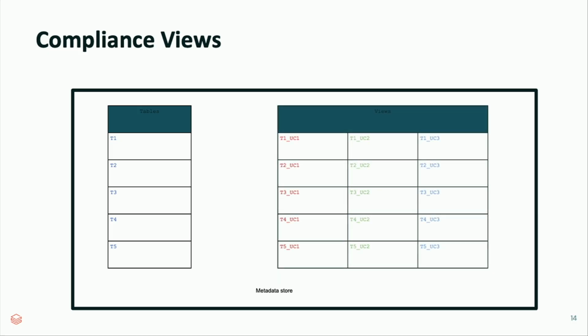And then we build a number of views for each table that obfuscate the data in a different way. So for T1, for example, we have the view UC1, which is expressing use case 1, and then the second view UC2, and the third view UC3. All of these are different ways of changing data on the same table.